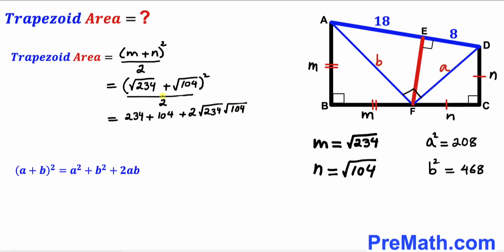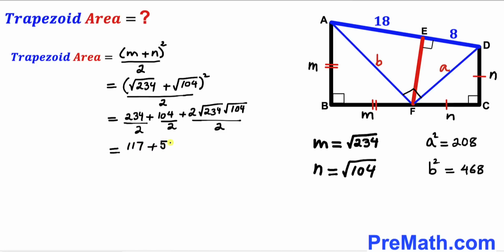And since we are dividing by 2, I'm going to divide each and every term by 2 across the board. So that is going to give us 117 plus 52 plus this cancels out with this one.